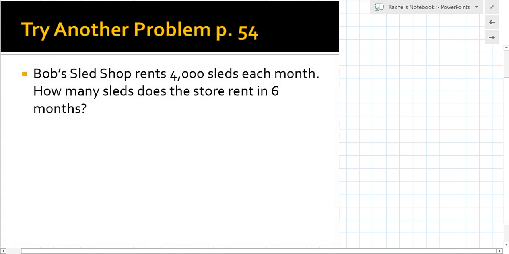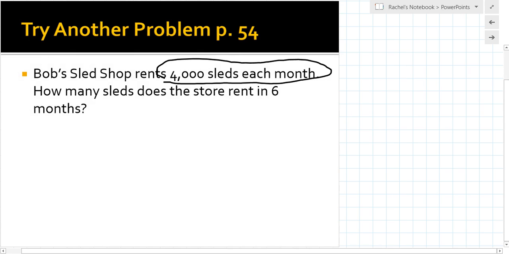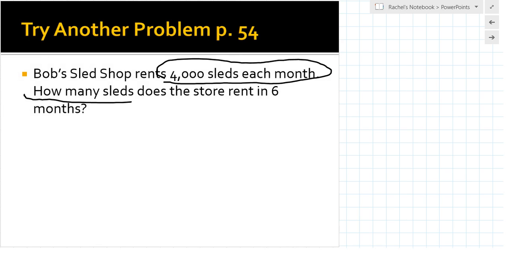So after reviewing different strategies and sharing the things that we were thinking of how to solve the problem, students got this problem: Bob's Sled Shop rents 4,000 sleds each month. So every month is the same amount. It's repeating, equal groups. How many sleds does the store rent in 6 months?